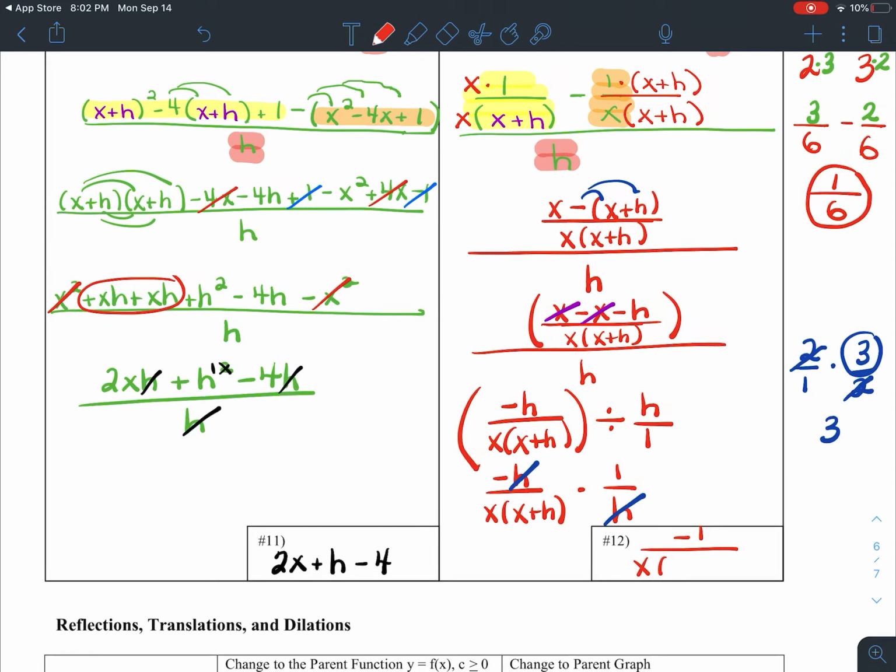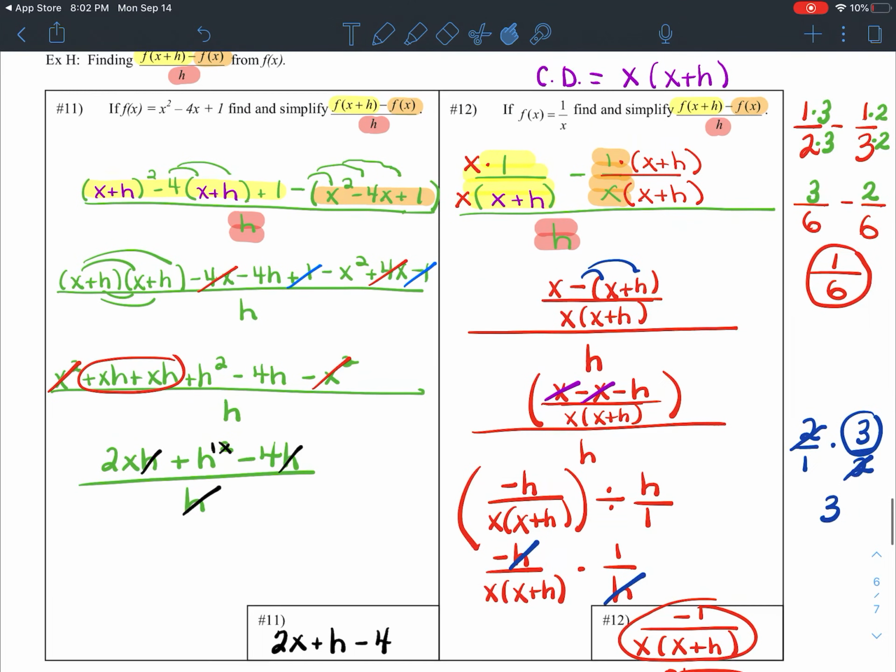Well, this h and that h cancel, so if I multiply across the top, I'm going to get a -1 in my numerator. And the denominator, you can either write it x times x plus h, or you can distribute the x and write it -1 over x squared plus xh. Either one of those two is fine.